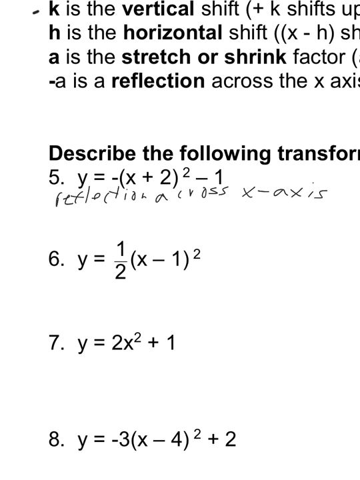And I'm just working from left to right, so I see that there's parentheses, so I know that's a horizontal shift. It's a +2, I know it's the opposite, so it would be a shift left 2 units. And at the end, it's subtracted by 1, so that is a shift down 1 unit.